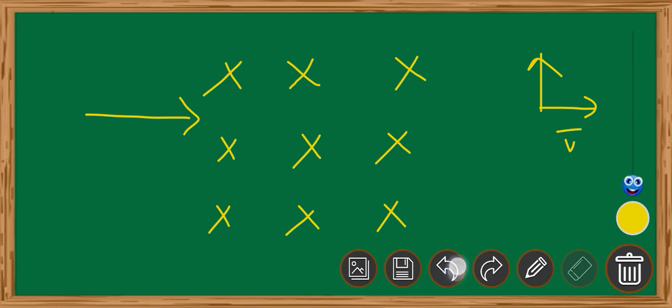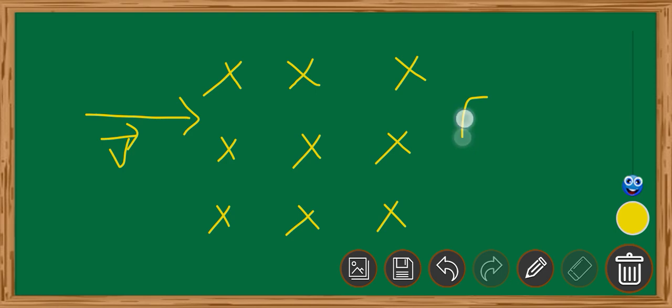So on this board I have marked crosses to denote that the magnetic field is going inward. And the velocity vector, the velocity with which this electron is coming, is perpendicular to this magnetic field.